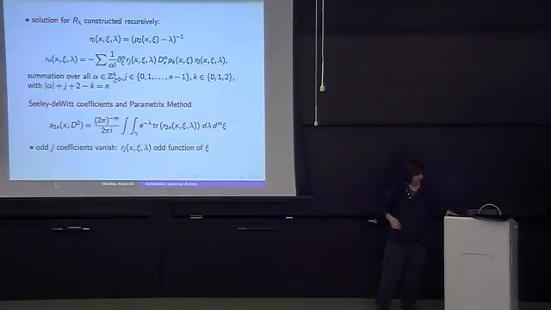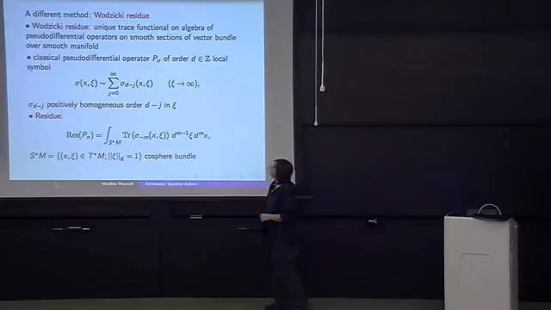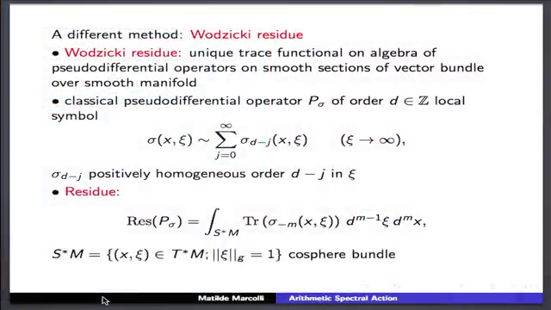So there's a method that works better and simplifies this computation, which is to actually compute the terms you want as residues in a suitable sense. So there's a notion of residues for pseudo-differential operators that basically ends up being an integral over the cosphere bundle of the manifold that involves the symbol.